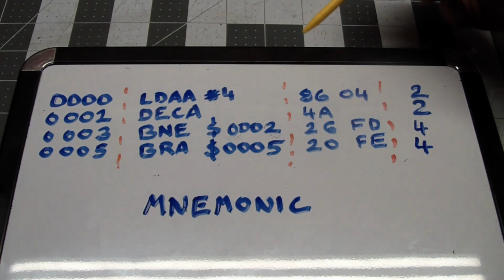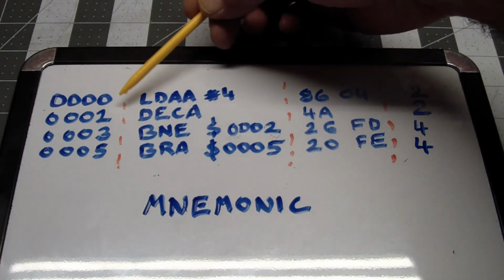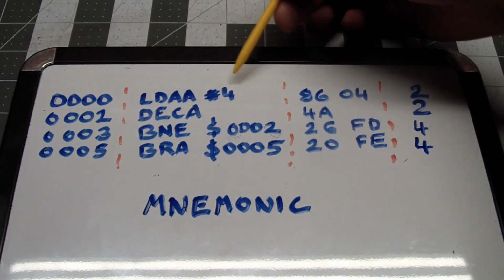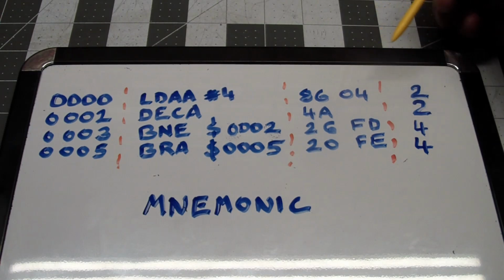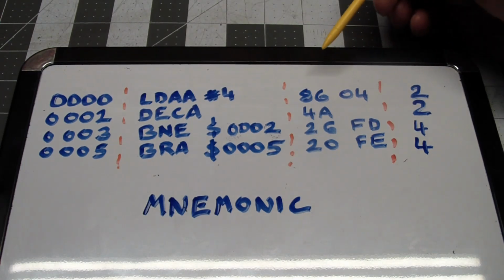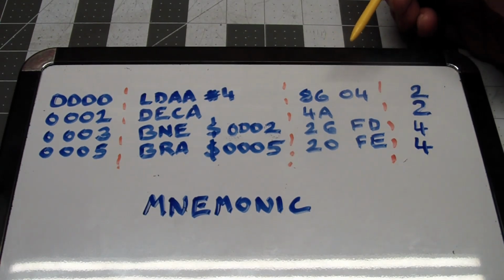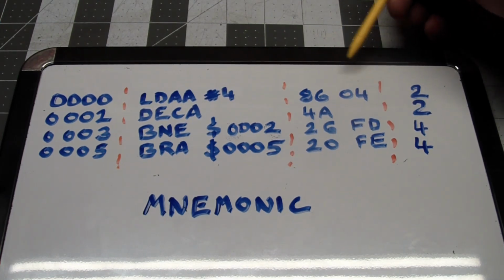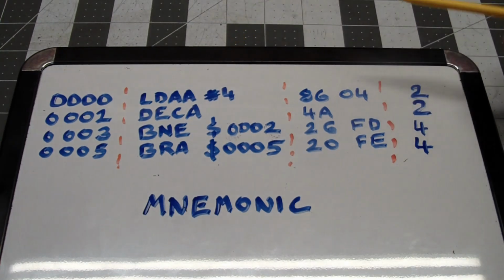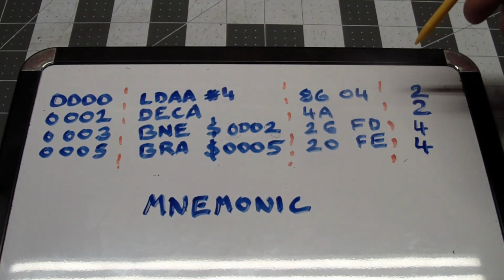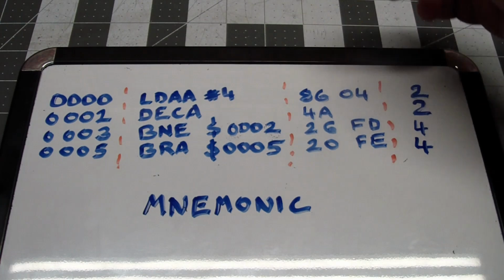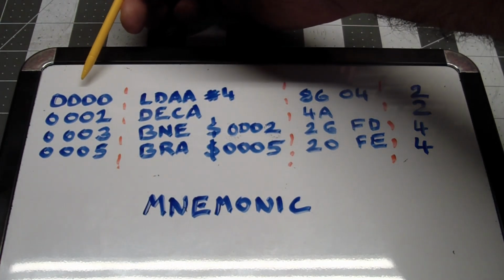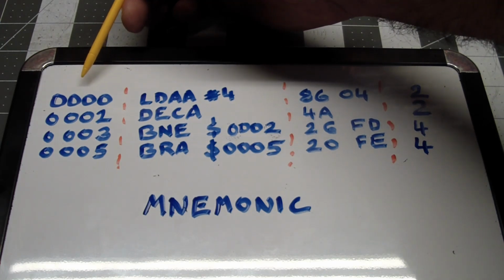But going on, we now get to memory location 2. Why? Because this instruction in its entirety takes 2 bytes. So the processor knows that when it reads a hex 86, there's one more number following it, performs the instruction, and then increments the program counter by 2. When I say address here, I will use them interchangeably.